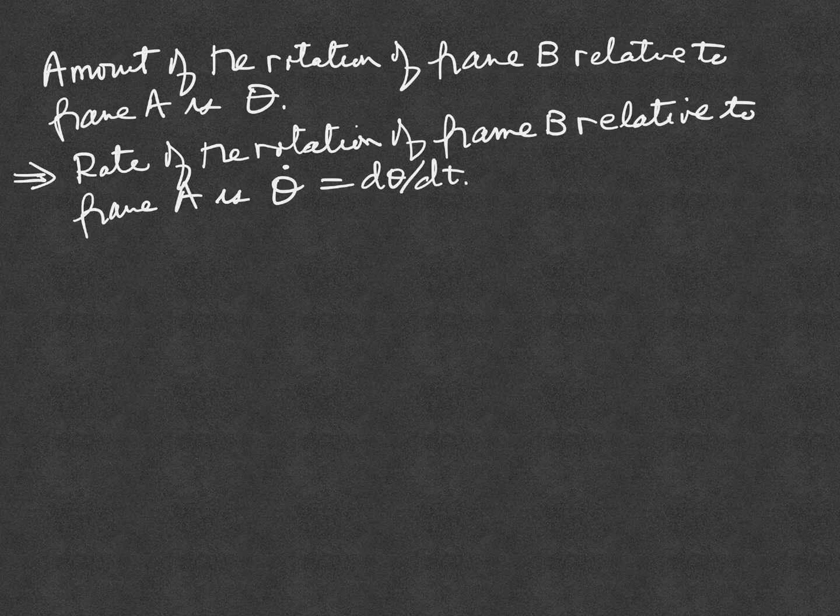But it's not enough to just have a rotation rate. We also need an axis of rotation or a direction of rotation, because we need to make this an angular velocity so that we can introduce a rotating frame and we can also introduce its angular velocity.